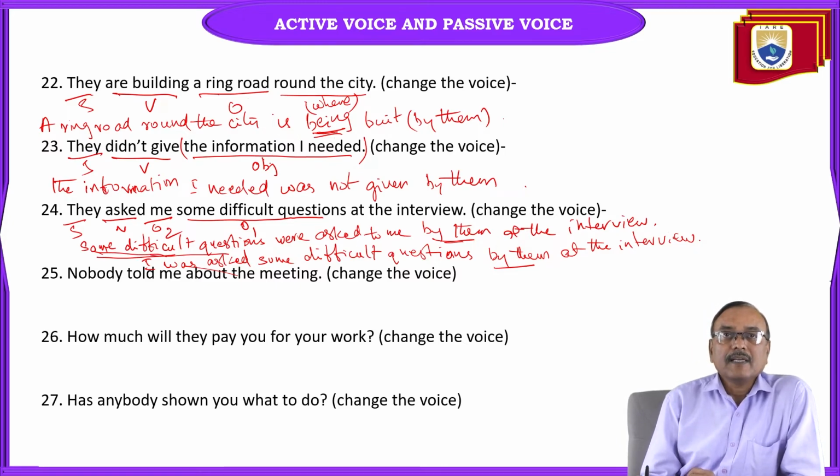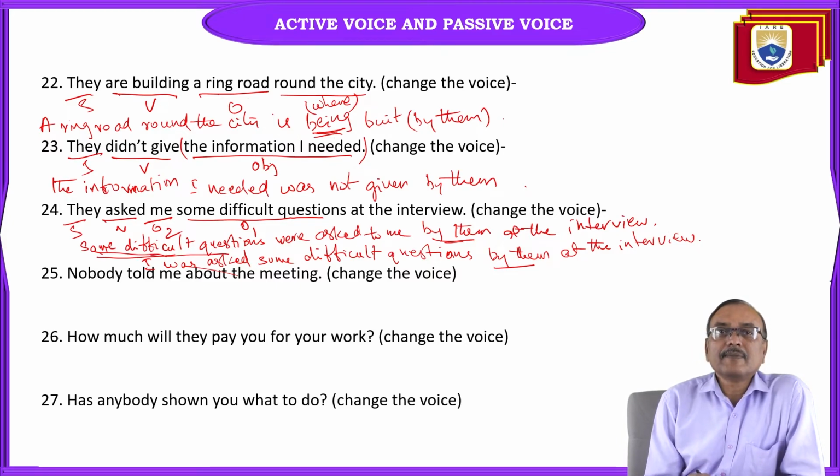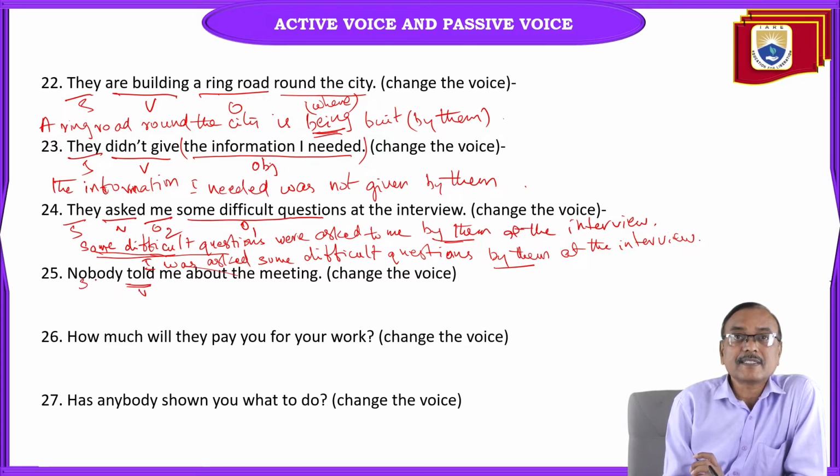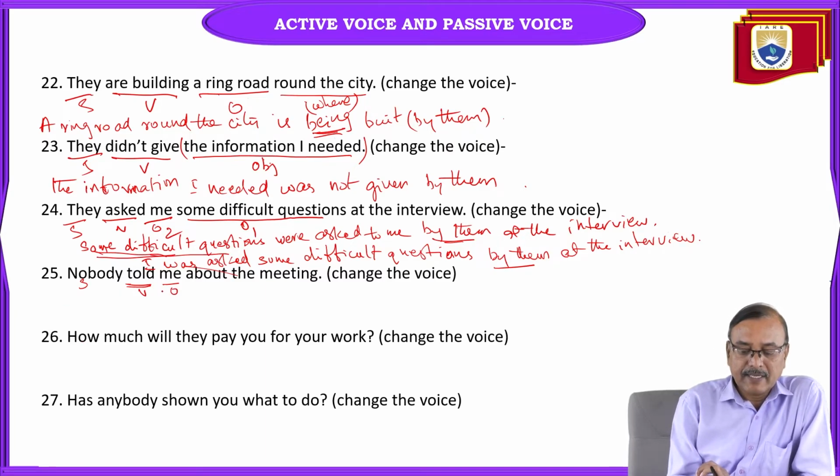Yeah. Next. Nobody told me about the meeting. Right. This told is a verb. Nobody is the subject and me is the object. So here bring this me this side. Me becomes I. Then this told is a V2 form, past tense.